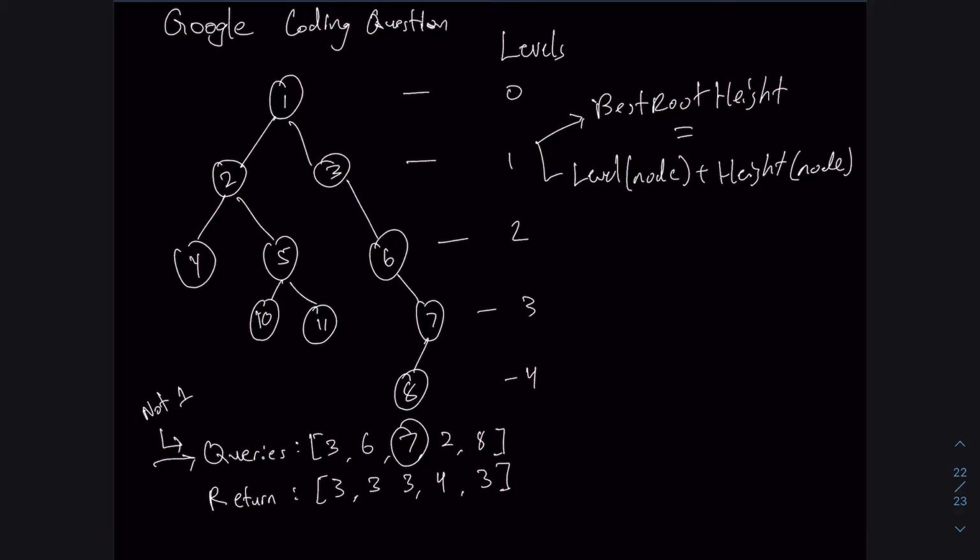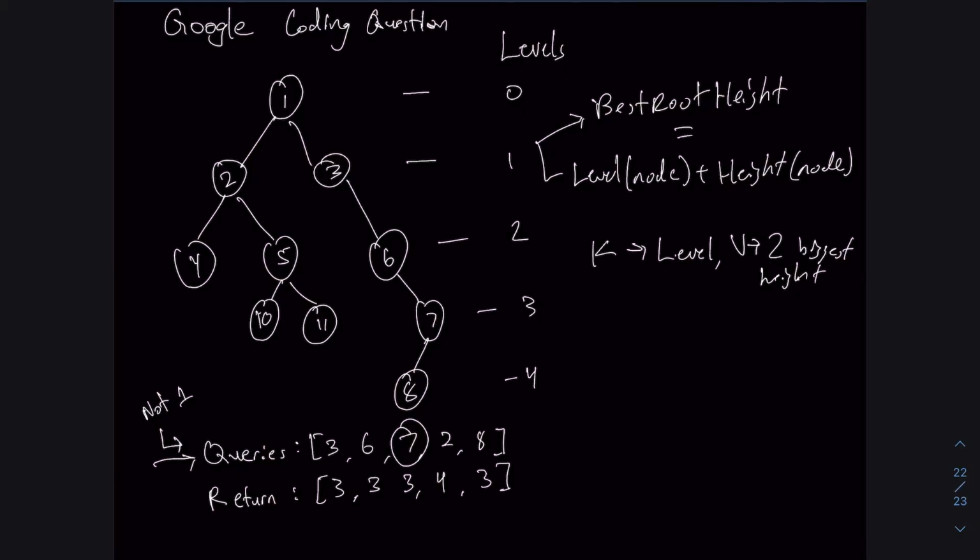So what we can do is we can store some more variables, and the other thing that we store is a mapping from a level to its 2 biggest heights. So the key is a level, and its values are the 2 biggest heights associated to that level.